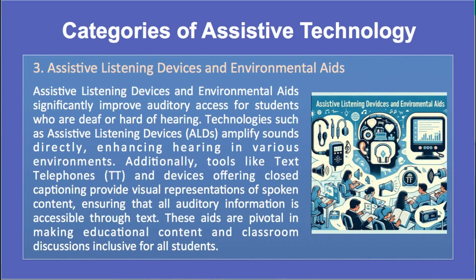Technologies such as assistive listening devices amplify sounds directly, enhancing hearing in various environments. Additionally, tools like text telephones and devices offering closed captioning provide visual representations of spoken content, ensuring that all auditory information is accessible through text. These aids are pivotal in making educational content and classroom discussions inclusive for all students.